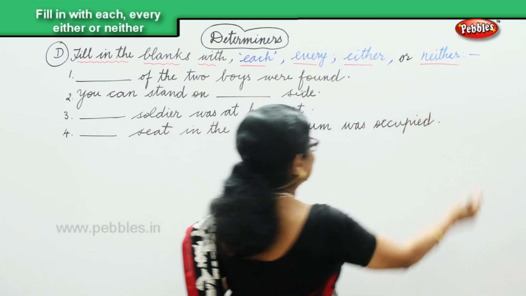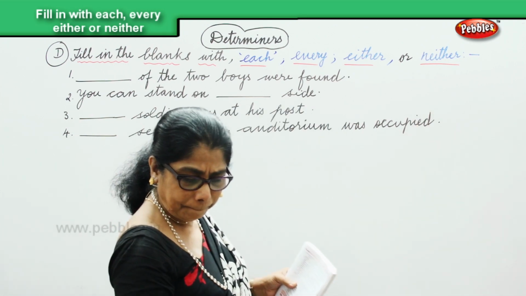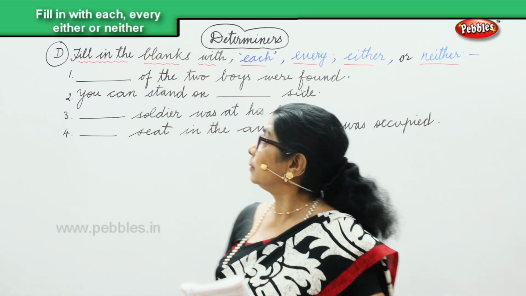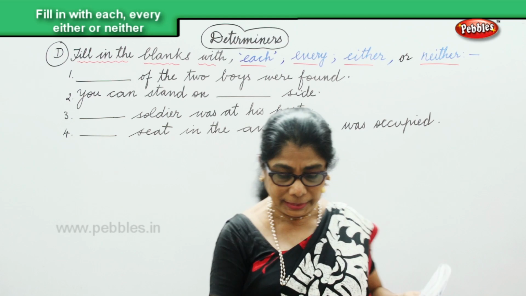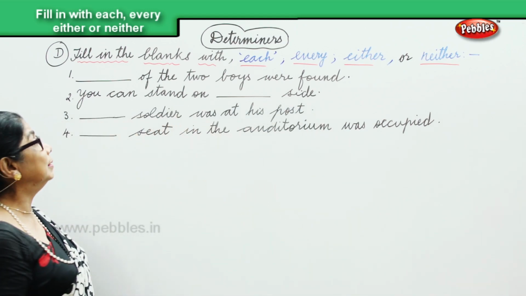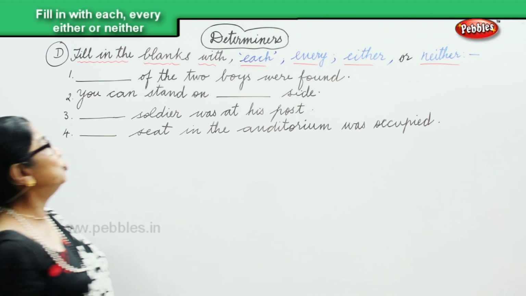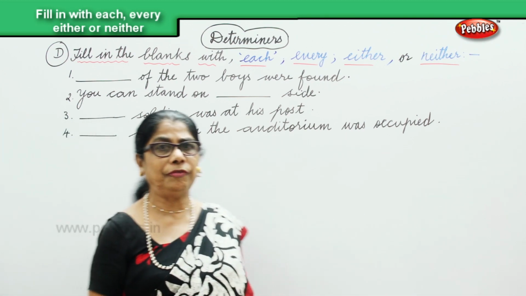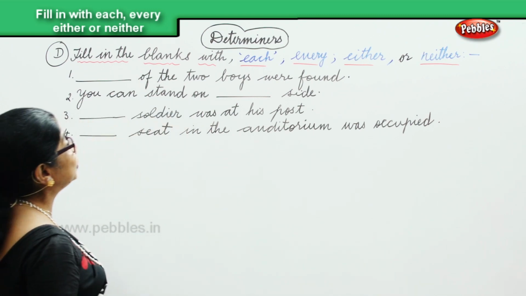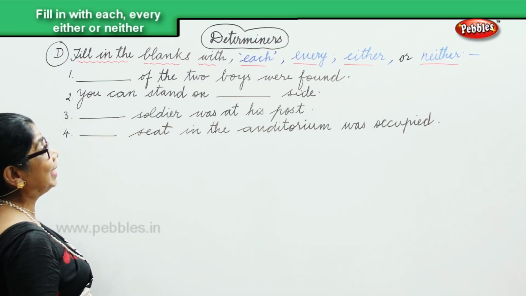So the four sentences I have written up for us to fill in with the determiners that I've given you: each, every, either, neither. Dash of the two boys were found.